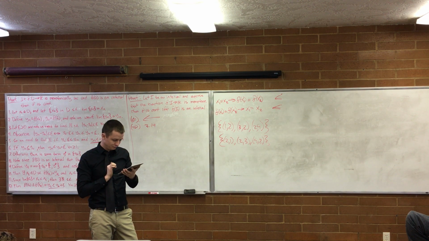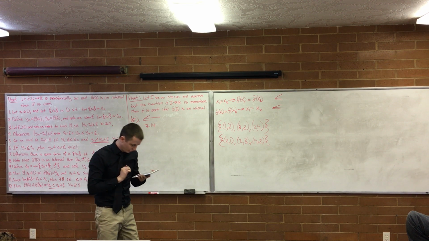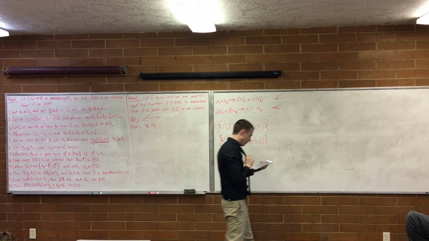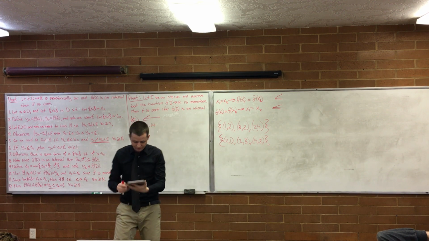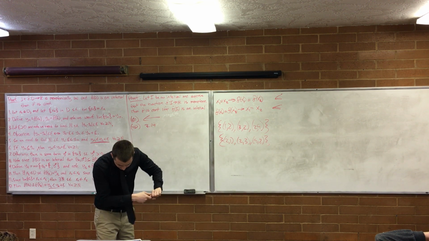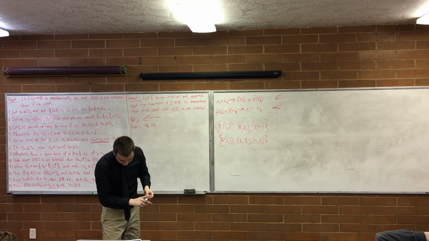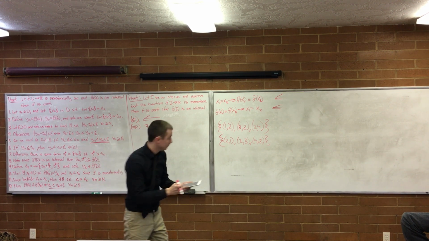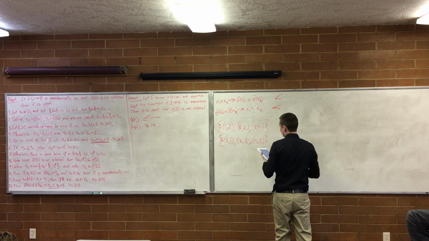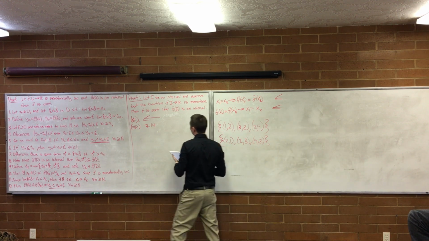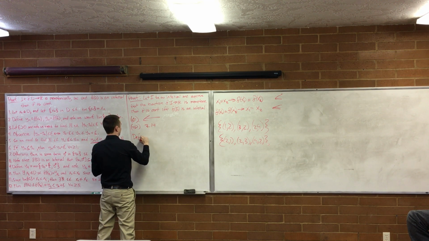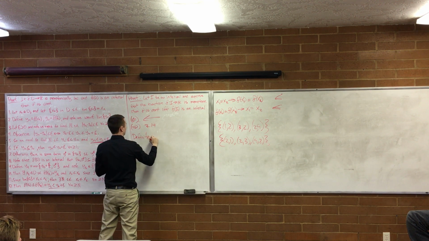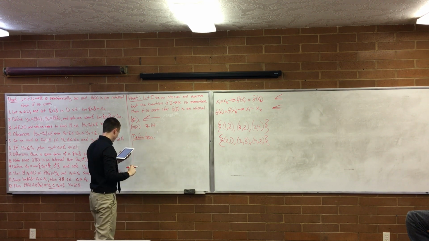Let's see. So let's look at the author's definition. A function f from D to R is said to be one-to-one, provided that each point y in its image. All right, let's try this out. I'll just go over here.